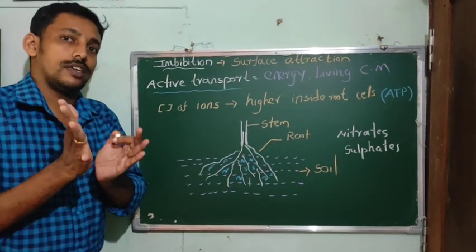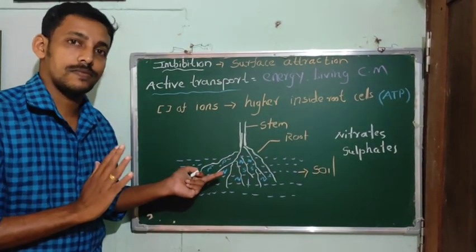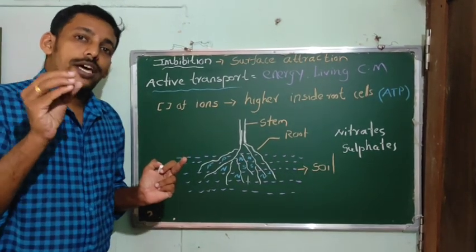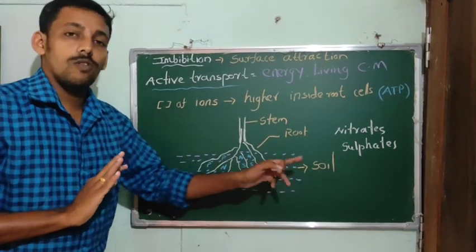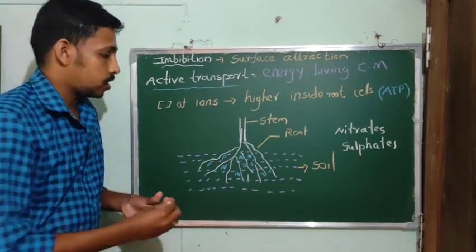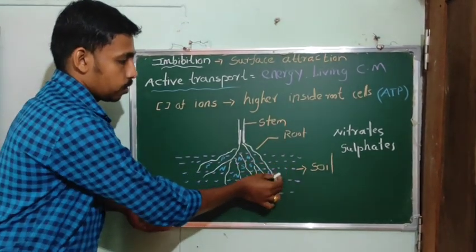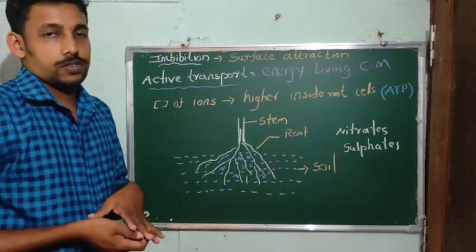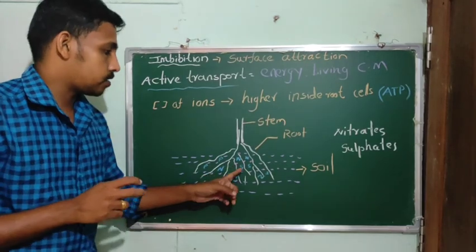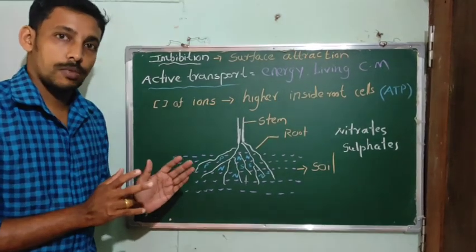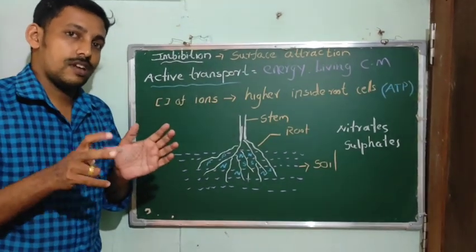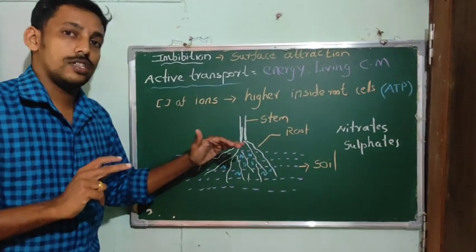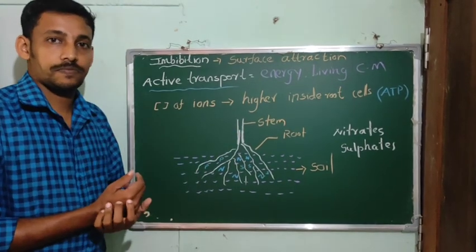The ions can be seen in the root cells. Their concentration is comparatively less in the surrounding soil water. So these are the roots, and this is the soil. In the soil water we can see these ions, the nitrates and sulfates, but their concentration is less in the soil water when compared to the root cells.